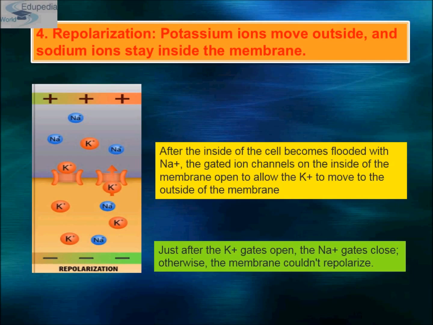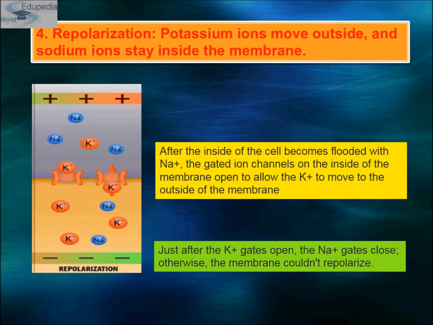These are the gated ion channels which are specific for sodium ions. After the inside of the cell becomes flooded with Na+, as I have told you, Na+ ions in the third step rush inside the membrane. Now the gated ion channels on the inside of the membrane open to allow K+ ions to move to the outside of the membrane.